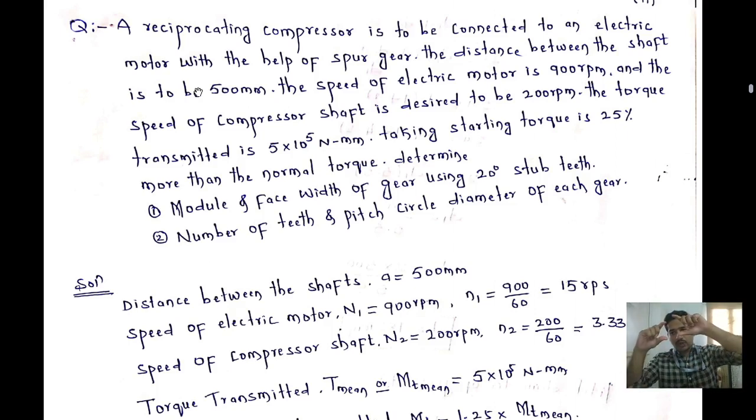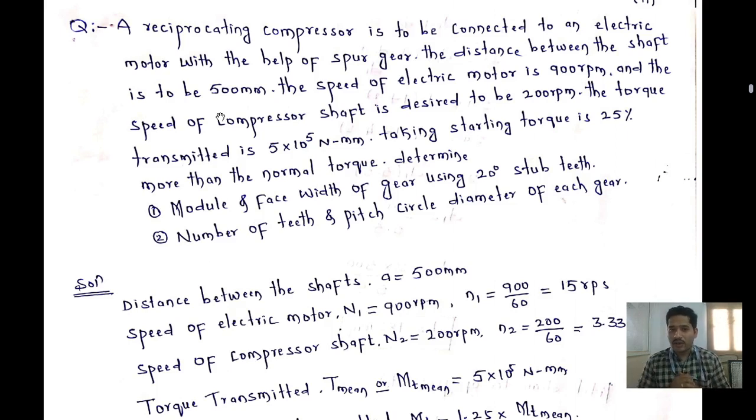The distance between the two shafts of the spur gear and the pinion gear is given as 500 mm, so it is represented by A equal to 500 mm. Clear?